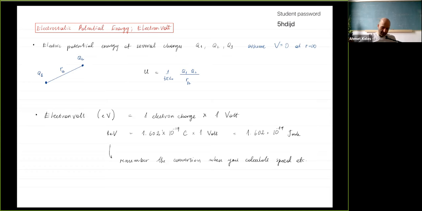Now I want to put another one. Let's put, I don't know, to here, and let's call this Q3. Now what should I do? What is my total electrostatic potential energy? So if I put this guy, I should do the same thing with this one, right? I put the radius r13, and I just open the parentheses, and this is going to be Q1 Q3, and I'll divide this whole thing by r13, right?